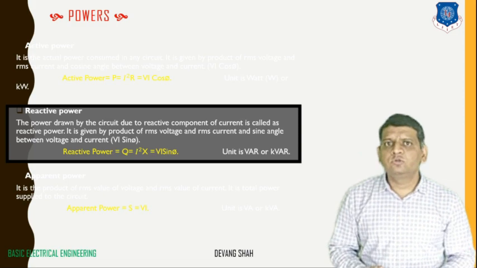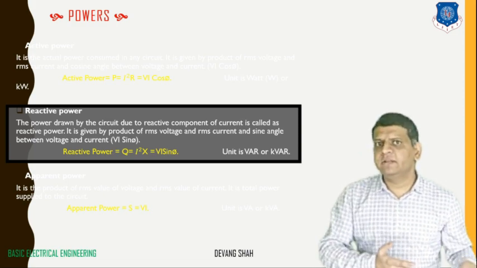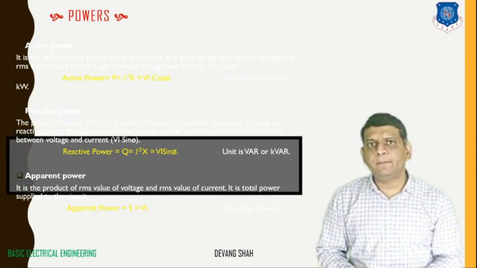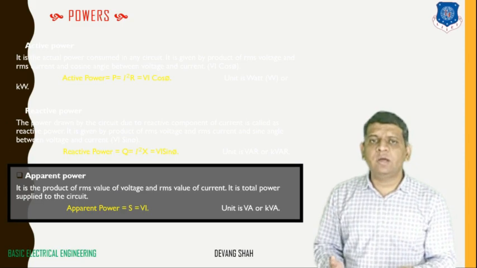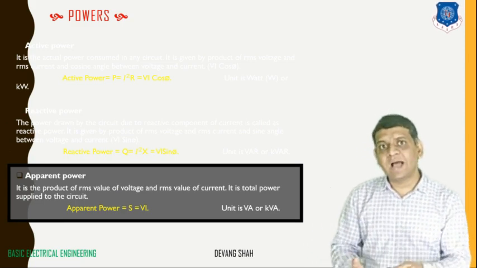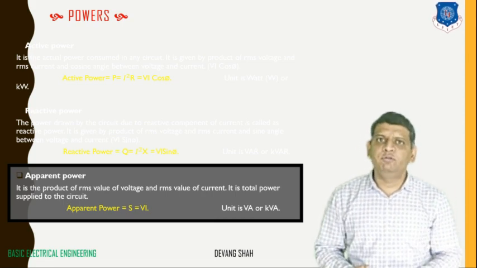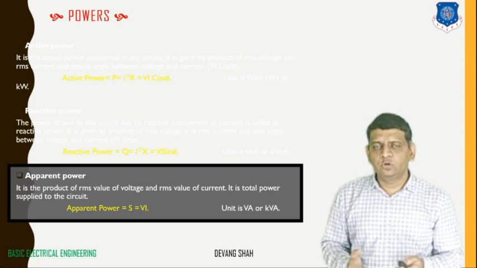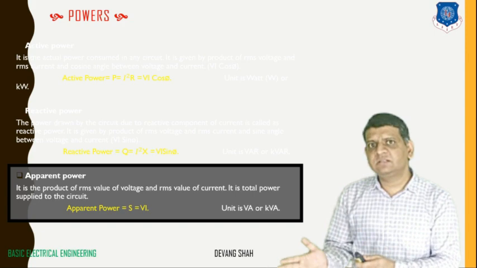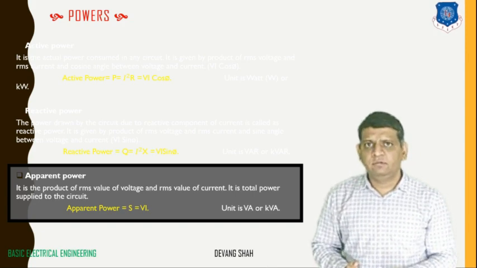That is in terms of VAR or kVAR, which is volt ampere reactive. And the overall circuit power consumption you define as apparent power, that is S, equal to V into I. Since V is equal to I into Z, S is equal to I square into Z. That is in the unit of VA, volt ampere. So this way, you can find the individual power consumption from the resistance, capacitor, and overall circuit, right?